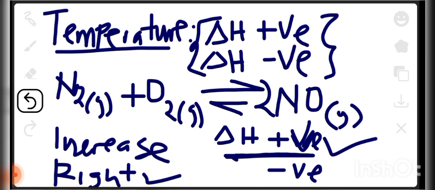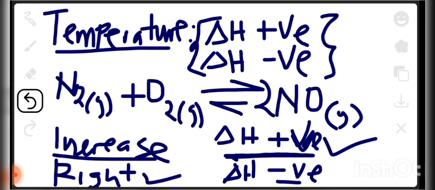If you increase the temperature for this negative one, the equilibrium will move to the left, because for endothermic, if you increase, it moves to the right. For exothermic, if you increase, it is going to move to the left. It is just the opposite of endothermic. So if you understand the endothermic, you are already good to go.